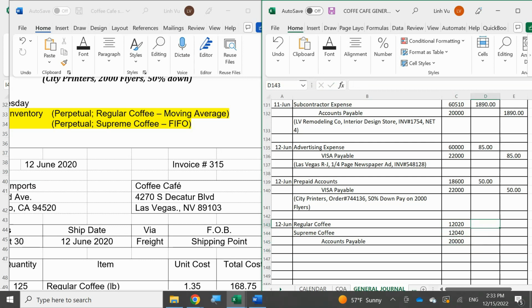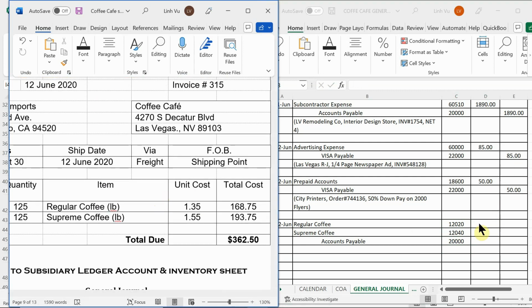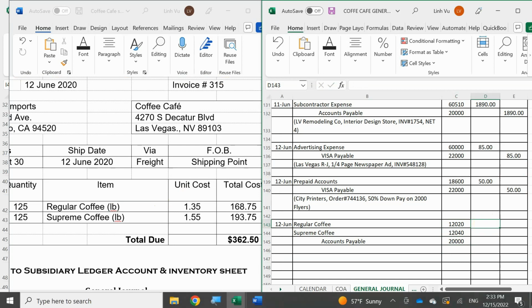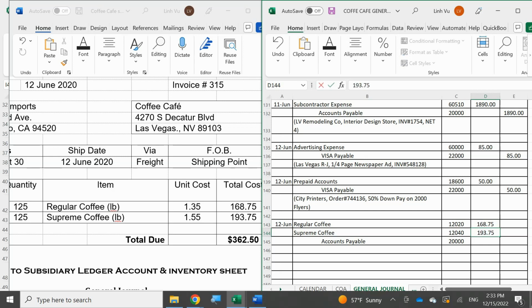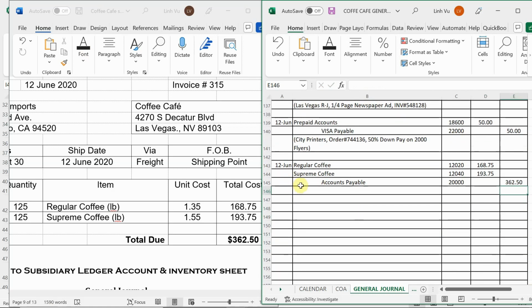Now, how much is going to go to the regular coffee? $168.75. How much is going to go to the supreme coffee? $193.75. Giving you a total accounts payable of $362.50. Good, excellent.